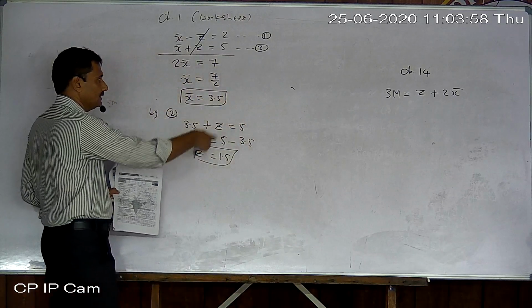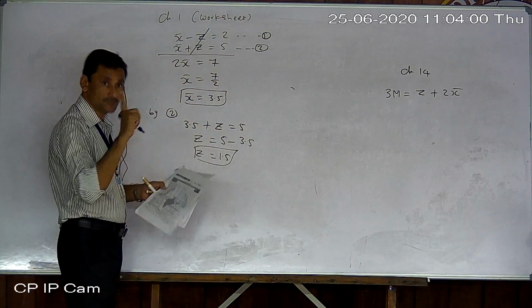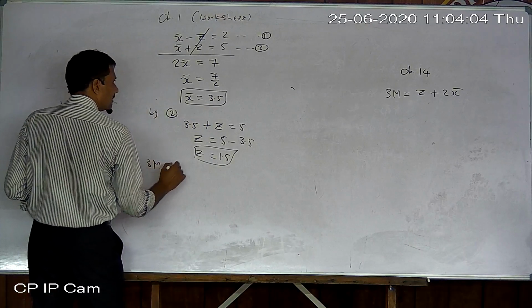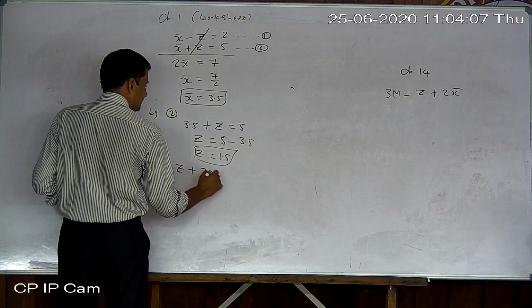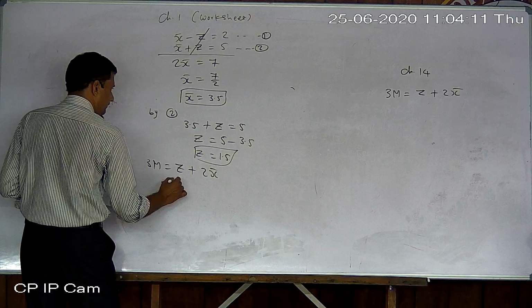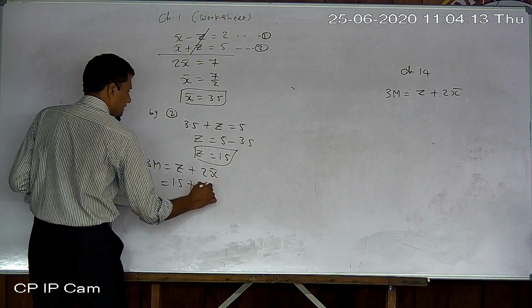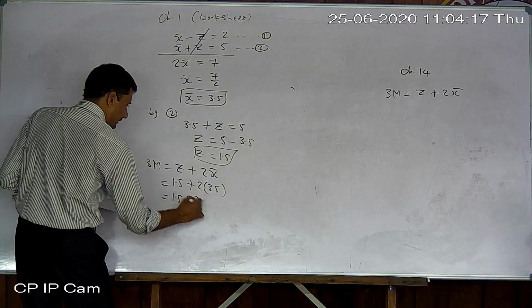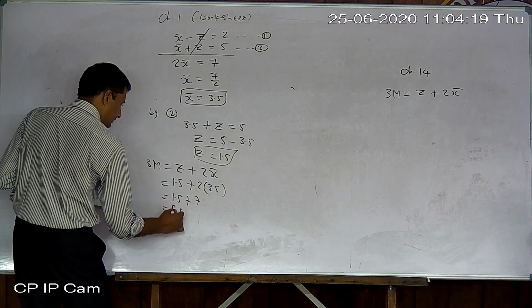After getting both, you can find the third one very easily, just like question number 1. So use 3m equal to z plus 2x bar. Write down both values, z equal to 1.5 and x bar is 3.5. So it is 1.5 plus 7, so it is 8.5.